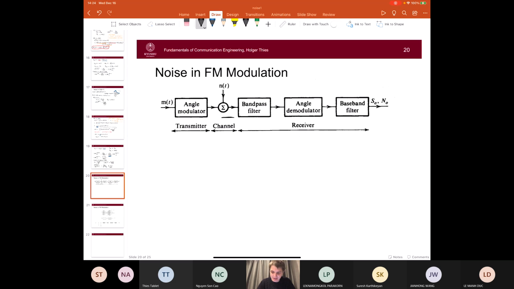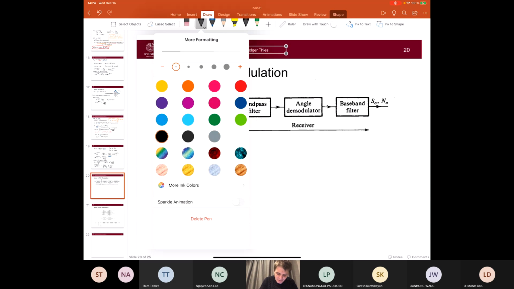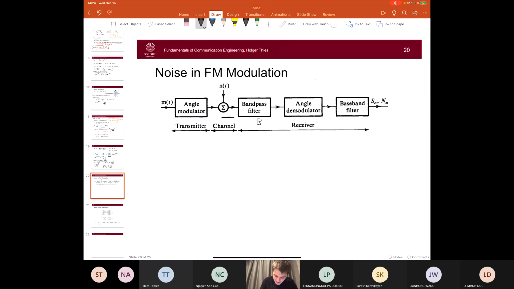The bandpass filter will not filter frequencies with frequency range B, but it will have a different bandwidth that we call the transmission bandwidth BT.